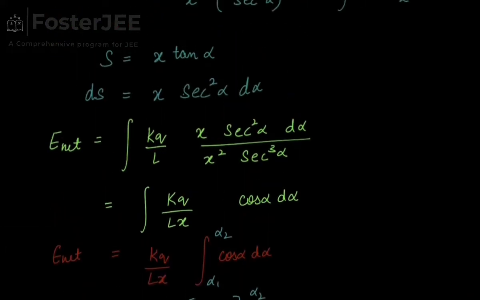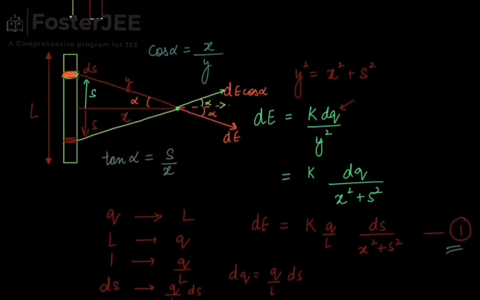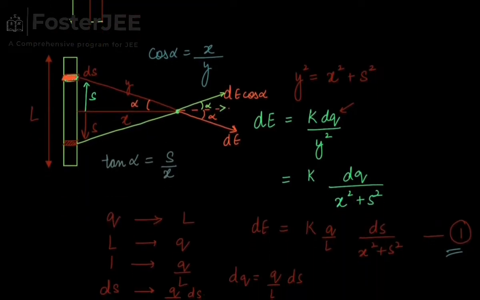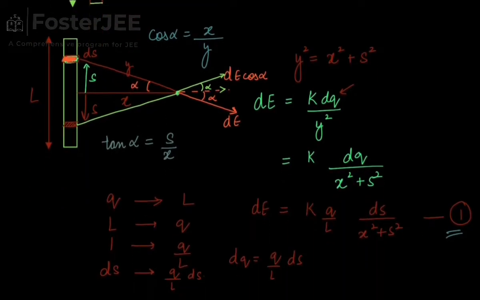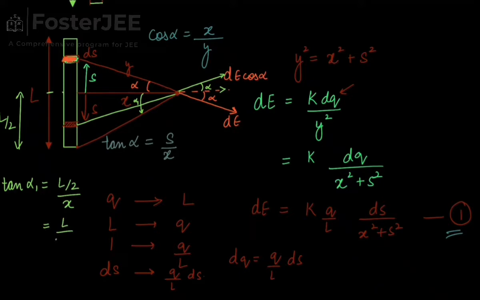But now we will put the value of sin alpha 1 and sin alpha 2. From this diagram, we can see we have taken the initial limit as alpha 1, which is the angle from this point to this part of the rod. So if this is L, this half length will be L by 2, and the value of tan alpha 1 will be (L upon 2) by x, that is L by 2x.